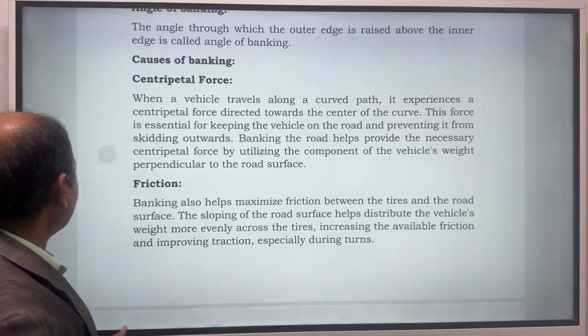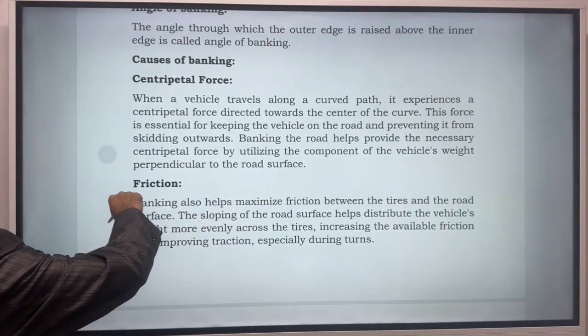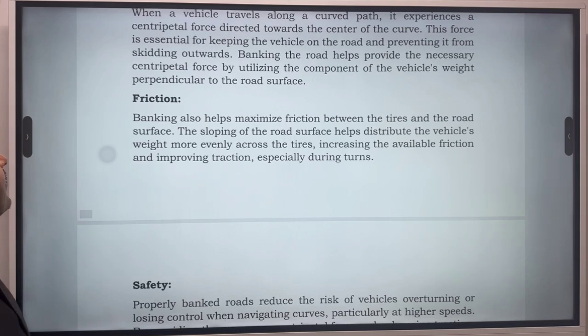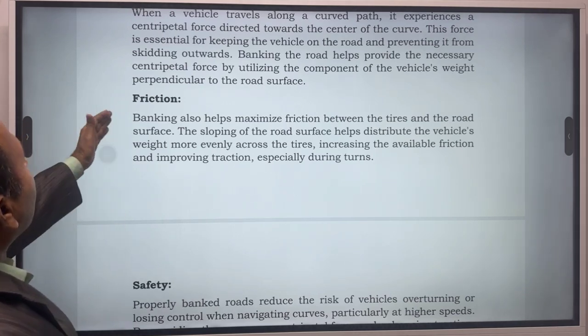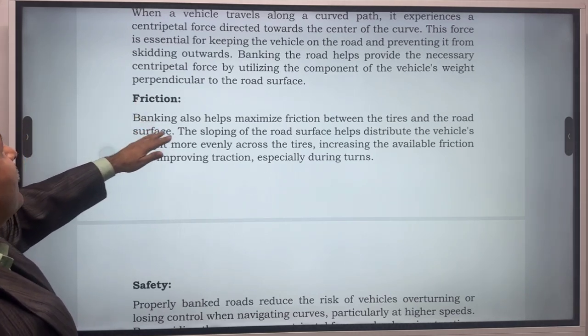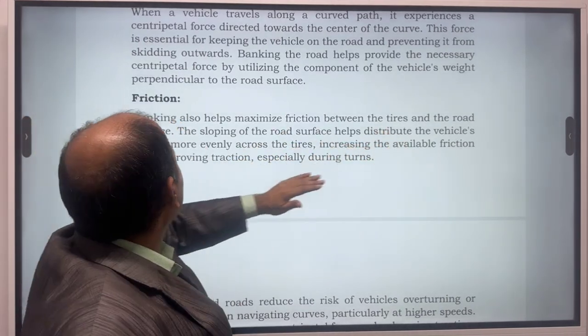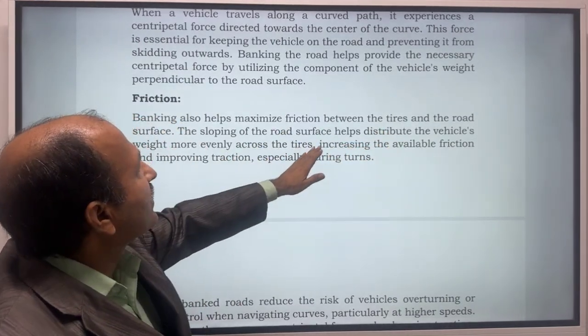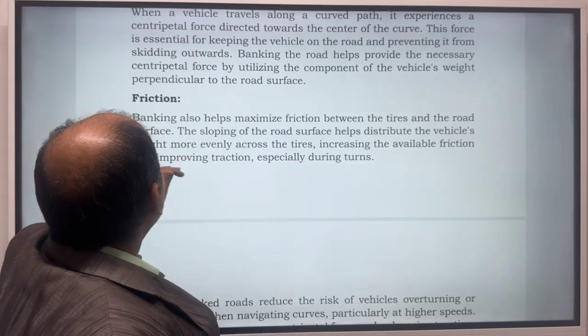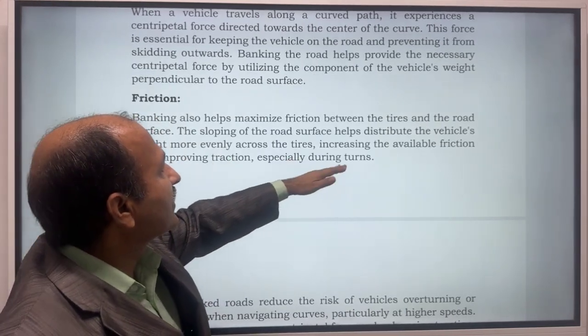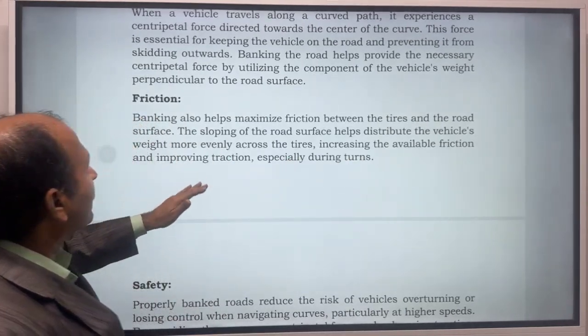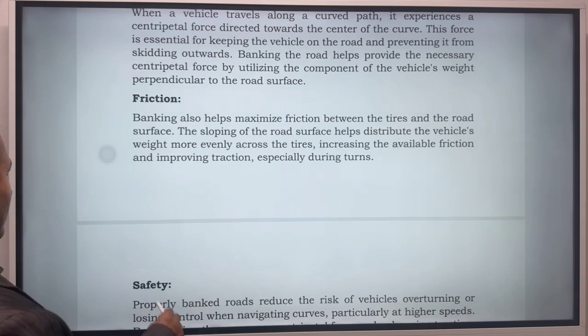We will do this in a mathematical way, so things will become very clear. Friction: banking also helps maximize friction between the tires and the road surface. The sloping of the road surface helps distribute the vehicle's weight more evenly across the tires, increasing the available friction and improving the traction, especially during turns.